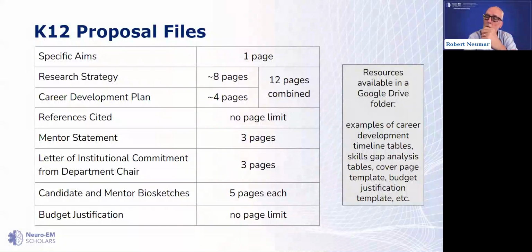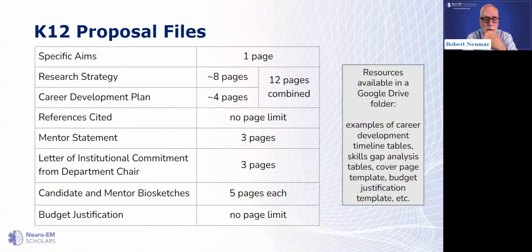And the one overlap I would emphasize is that a big piece of the research strategy evaluation is whether this will be a career-launching research strategy. Are the experiments likely to generate results that you will be able to publish?